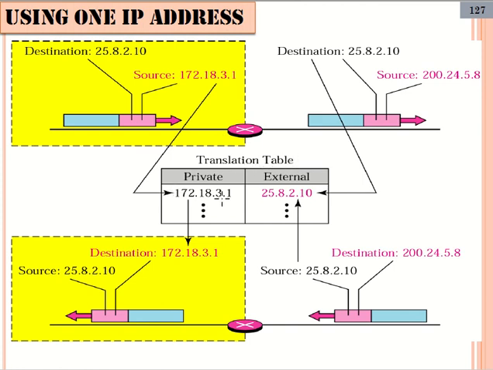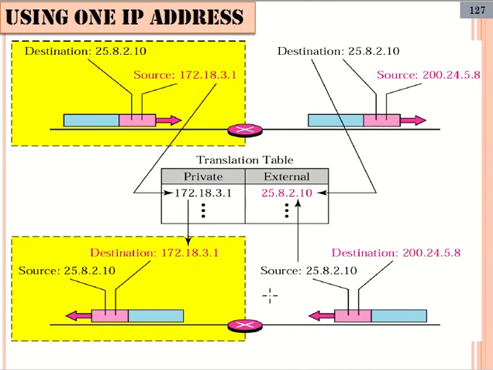So one IP address will be noted here. Where exactly the data originated, and to that which address has been allotted, will be noted in the translation table. Once the destination sends a reply to the packet that has been sent, it is going to add the destination address as 25.8.2.10.